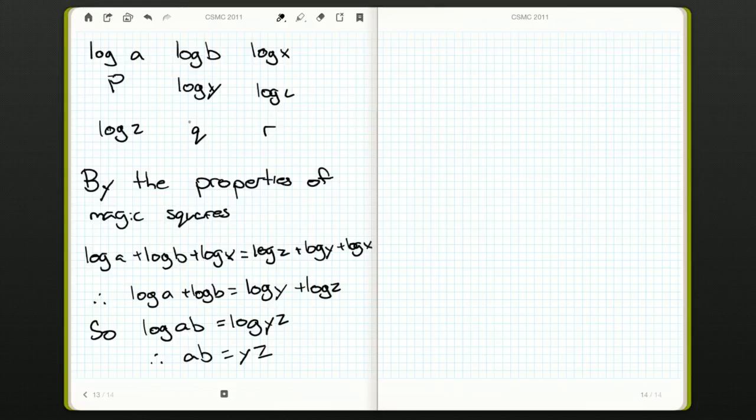But there are a couple places I'm noticing where we're going to have a P, Q, or an R in there, but it's going to be the one square in common. So, for example, log A plus P plus log Z is going to be the same as P plus log Y plus log C. Well, the P's on either side of that equation are going to cancel out.